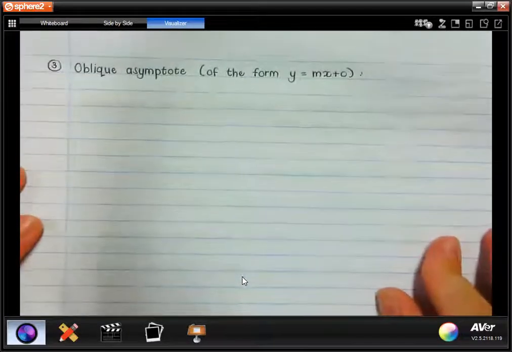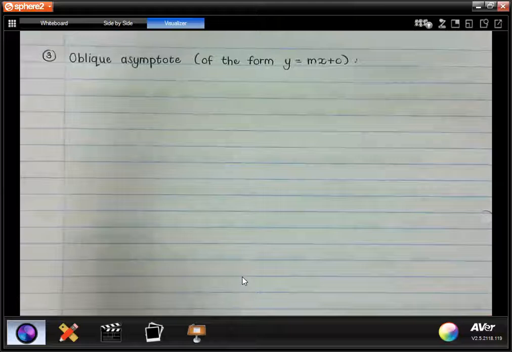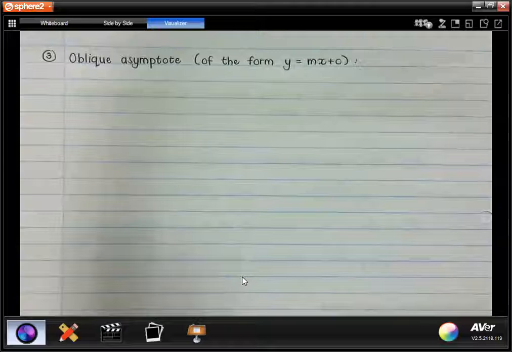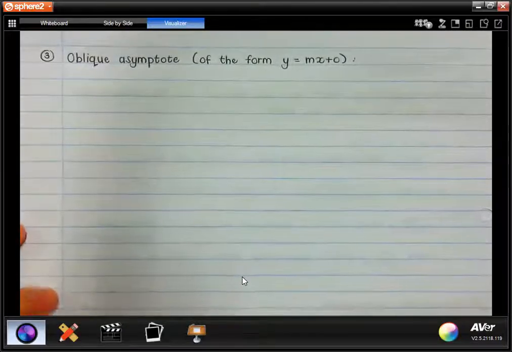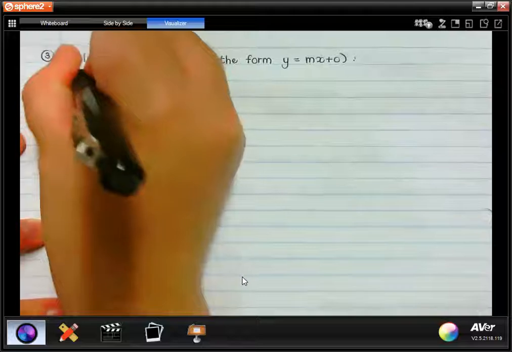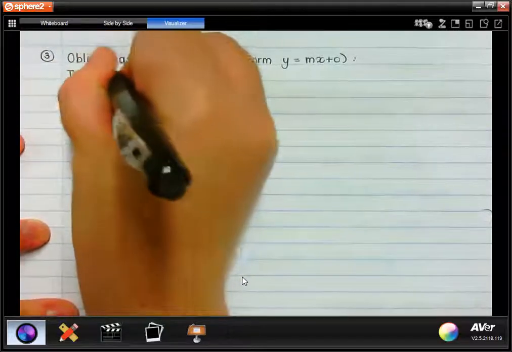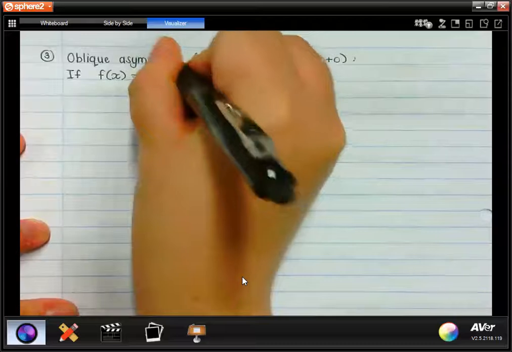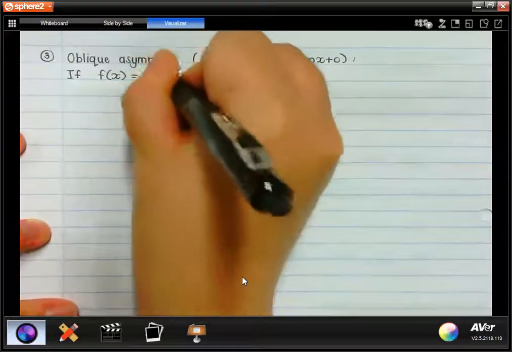An oblique asymptote is always of that form. It's a straight line, y equals mx plus c. Like I said, parabolic or whatever, that's not in the syllabus, so don't worry about that. Again, we have a function which is a rational function, so we're just going to write that as g over h.